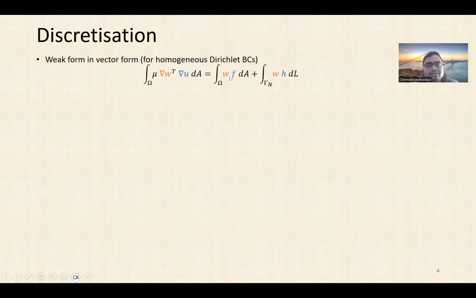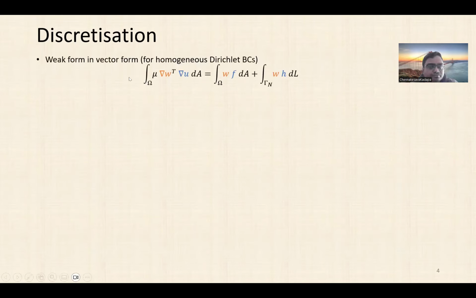In that case, we get rid of the terms corresponding to capital G coming from the non-zero Dirichlet boundary condition. So if you understand the formulation and the discretization for the homogeneous Dirichlet BCs, extending it to non-homogeneous Dirichlet BC is straightforward.